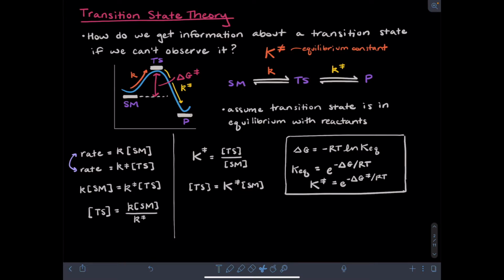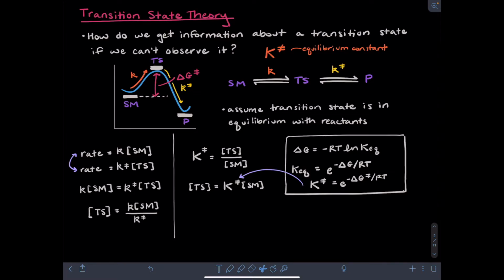If we're looking at an equilibrium between the starting material and the transition state, this is an equilibrium constant K double dagger, and that's going to be equal to e to the negative delta G double dagger divided by RT. So like our original equilibrium constant equation, but involving a transition state instead of a product.